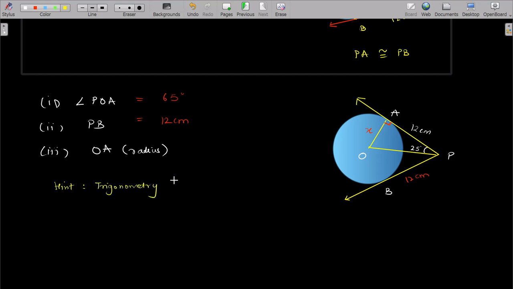You have a right triangle. POA is a right triangle, and you know this side, 12 centimeters, and you have X. So try to think about which trigonometry ratio you can use to find out this length.